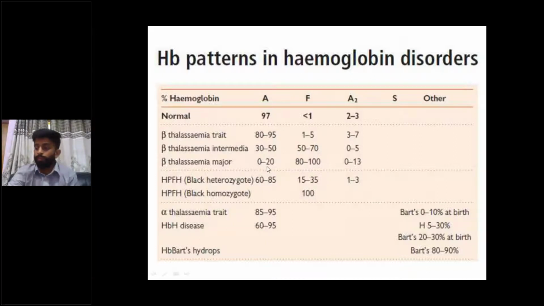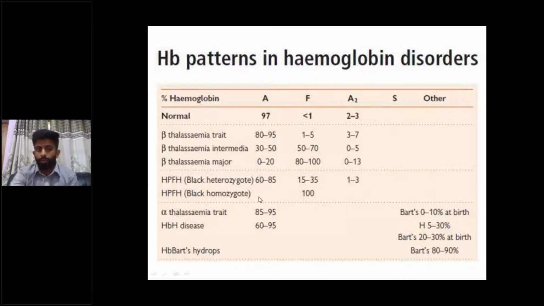Beta thalassemia major, which is the most severe condition, contains 0 to 20% of A and 80 to 100% of F, fetal hemoglobin, and 0 to 13% of A2. HPFH, black heterozygote, contains 60 to 85% of A, 15 to 35% of fetal hemoglobin, and 1 to 3% A2.